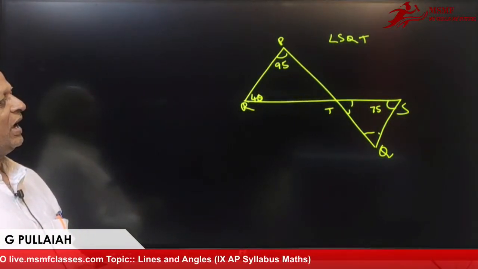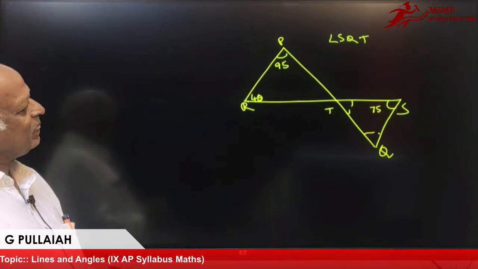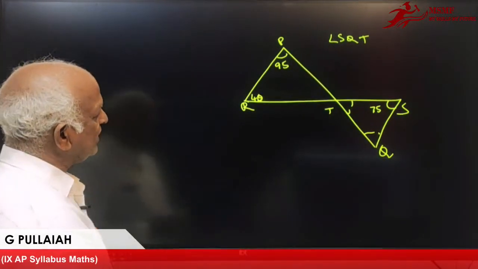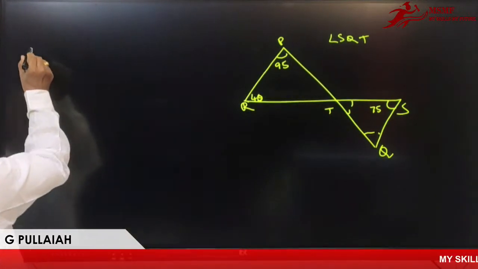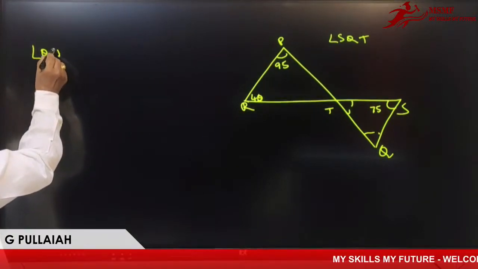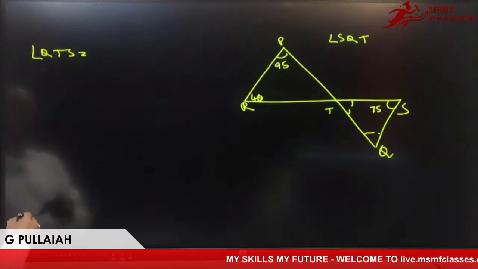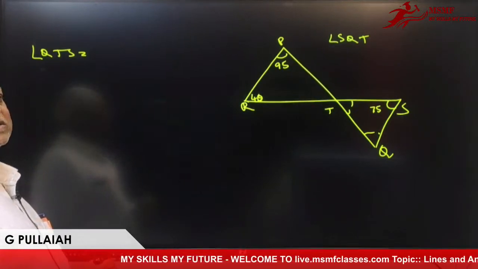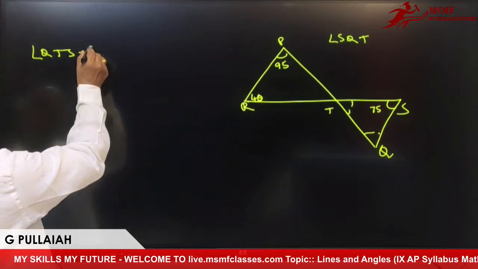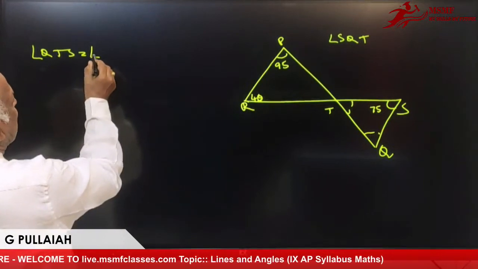Understand? To find angle QTS, QTS is the vertically opposite angle of angle PTR.